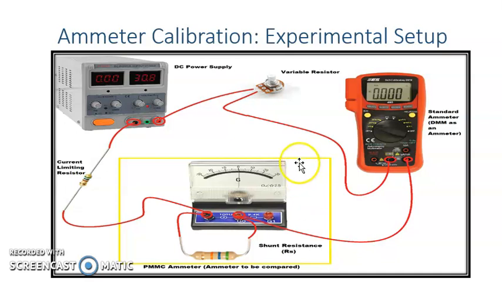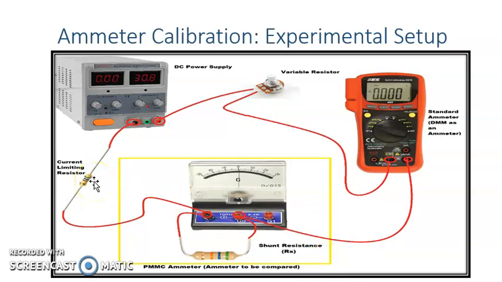So inside this ammeter, we can see that a galvanometer is having a low value of resistor as shunt resistance in parallel. So this yellow box represents PMMC based ammeter.